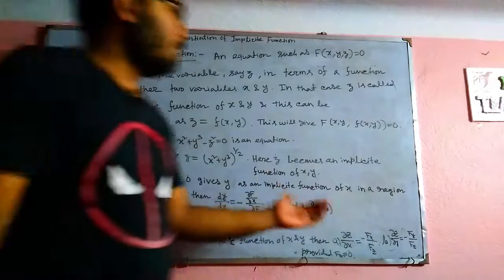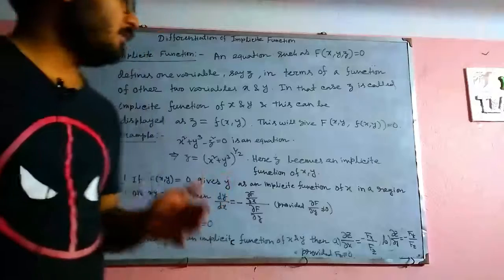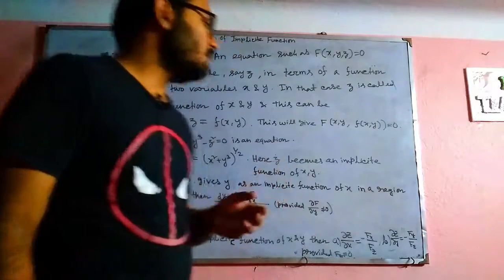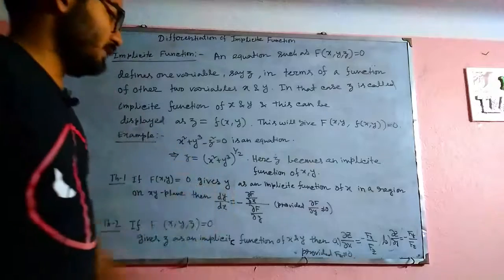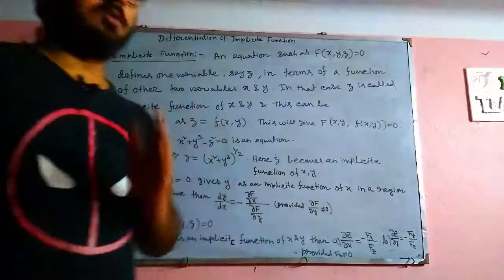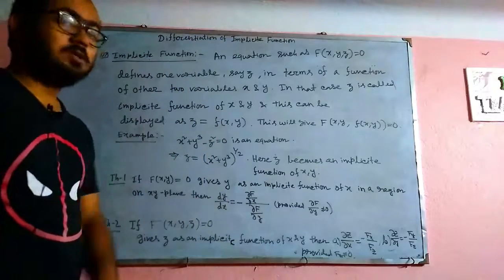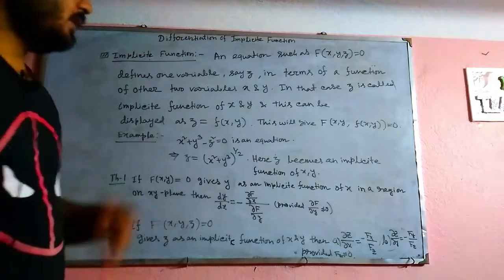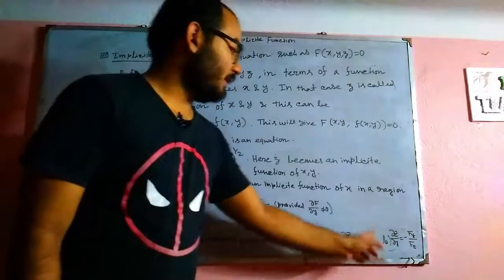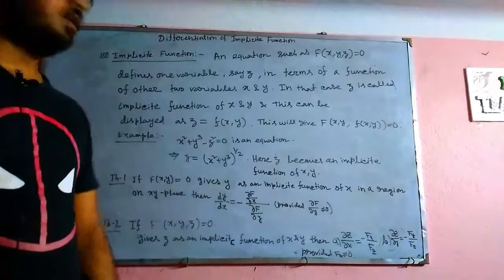That means minus of the partial derivative of f with respect to y by the partial derivative of f with respect to z, provided fz must be non-zero. Because if fz is 0, then the expression is not valid.